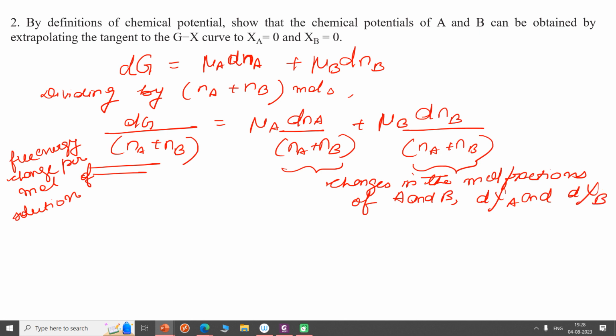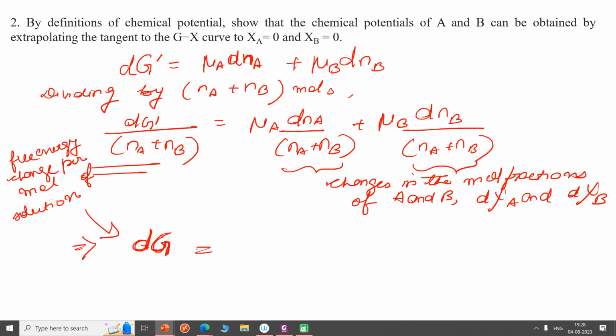The equation now can be written as dG. If we write dG in per mole notation, dividing by the total number of moles, we get per mole.